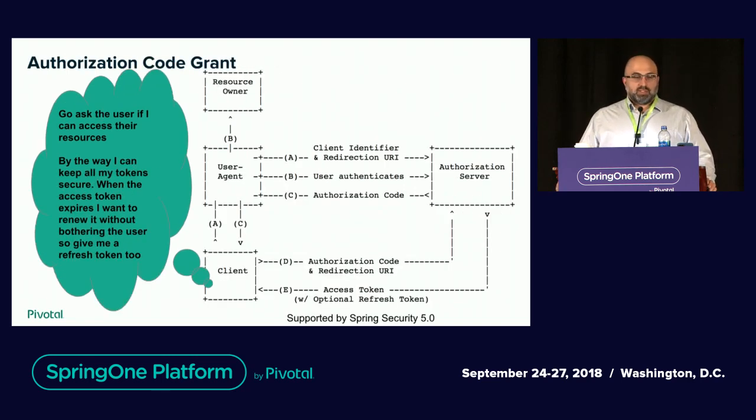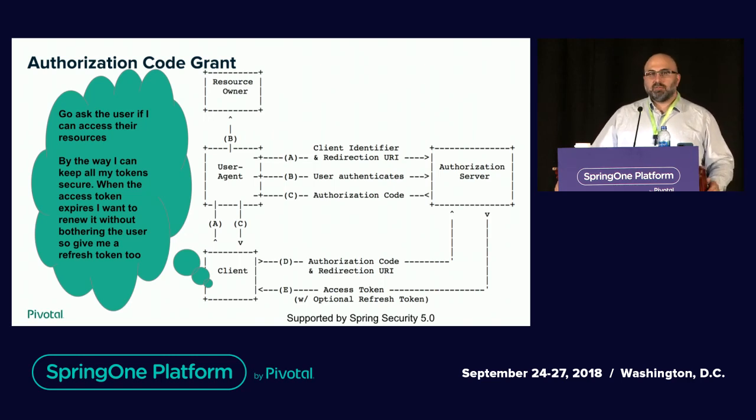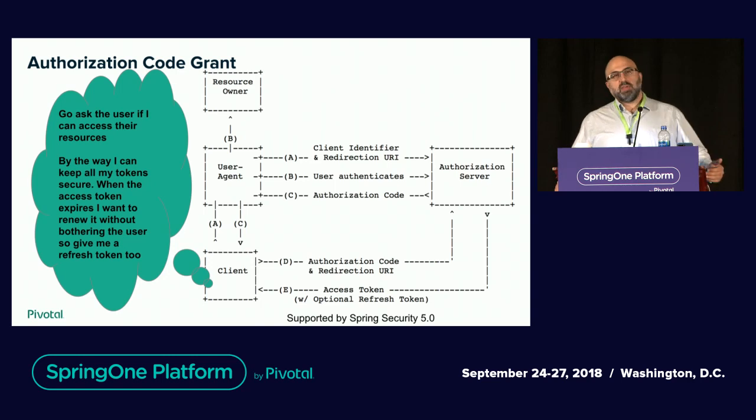The next one is the authorization code grant. And here's what you're basically saying: go ask the user if I can access the resource. And by the way, I can keep my token secret. So when you come back to me with a token, can you give me a token that doesn't immediately expire, like maybe a slightly longer-lived token, or also give me a refresh token.